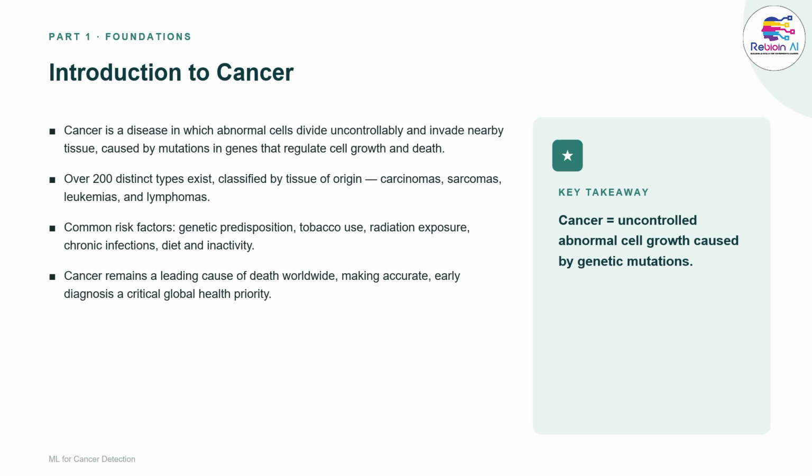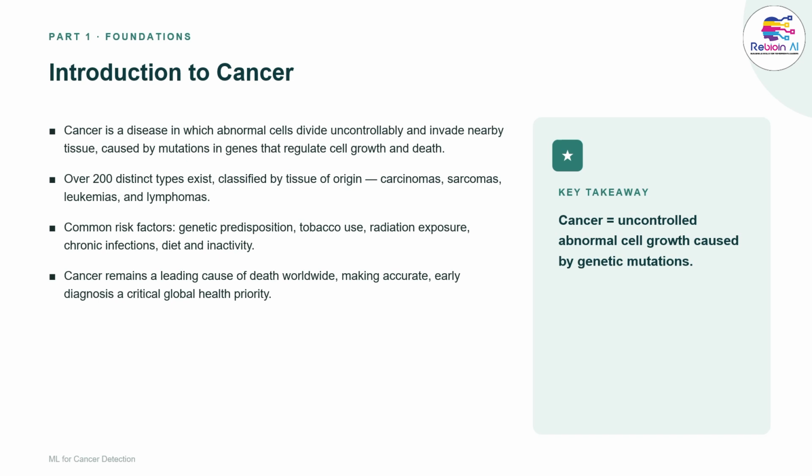Risk factors range from genetics you are born with to things like smoking, radiation, chronic infections, or diet. The reason we are spending an entire session on this is that cancer remains one of the leading causes of death worldwide. And one of the biggest levers we have to change that outcome is catching it early.